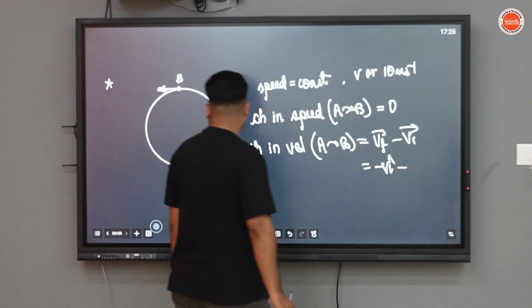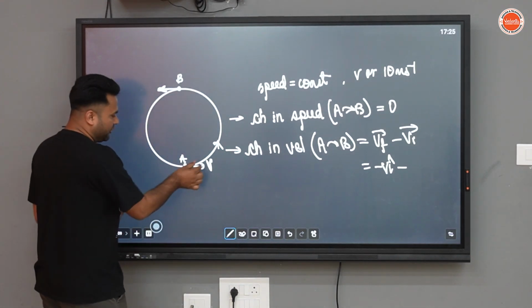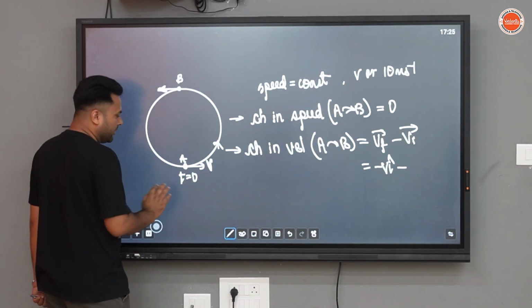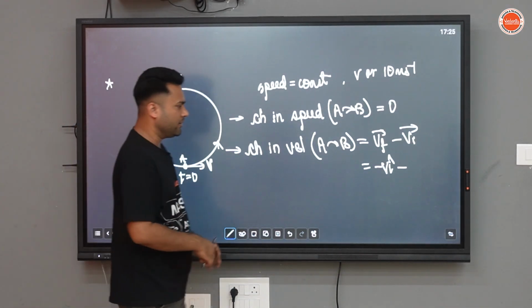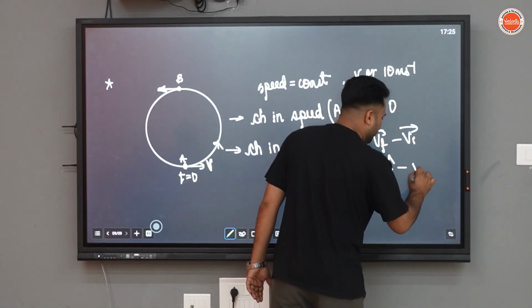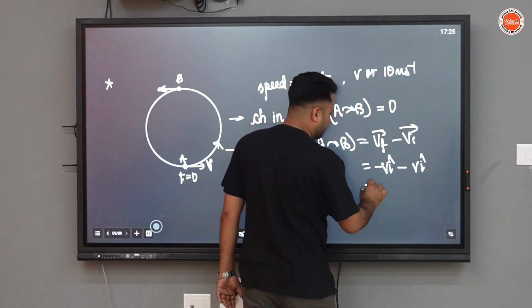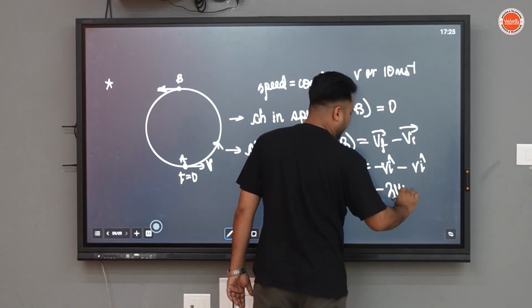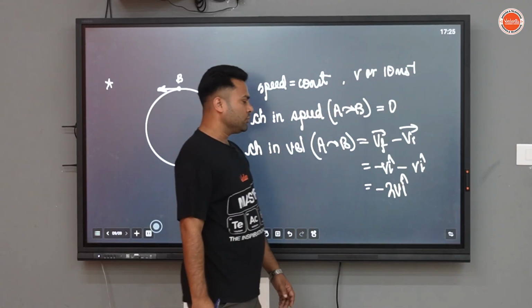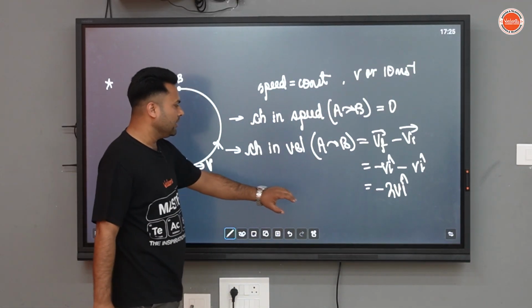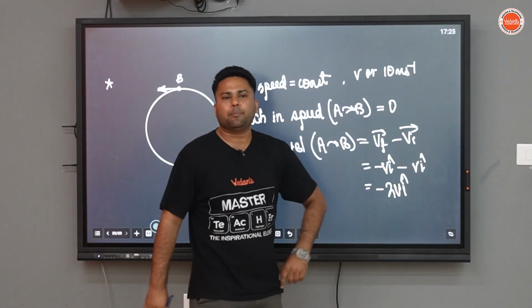Minus initial velocity, value is V only, but direction is i cap. Now minus V, so minus 2V i cap. So change in velocity is minus 2V i cap.